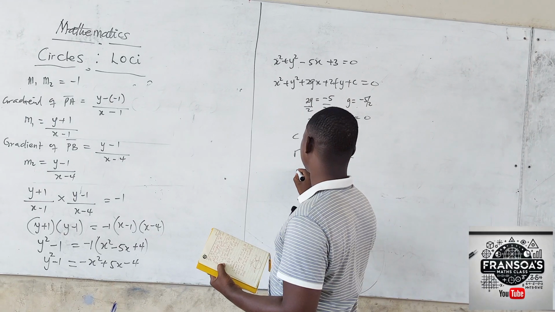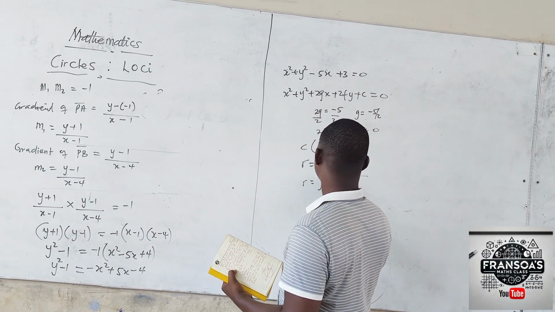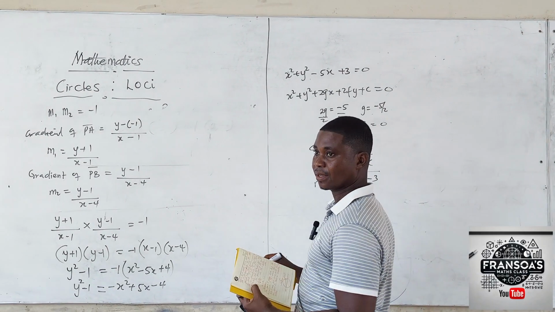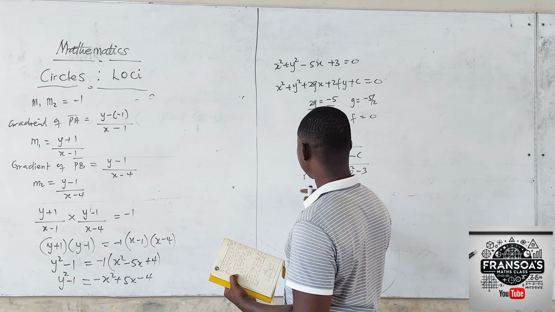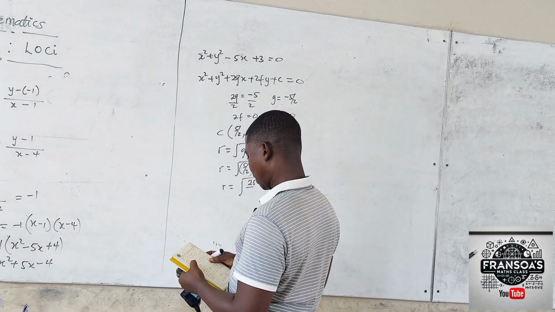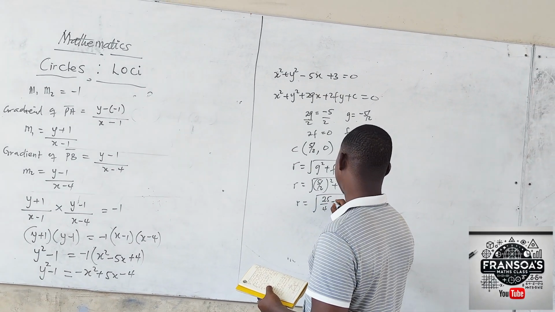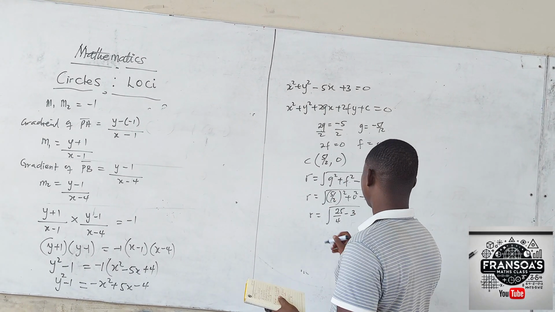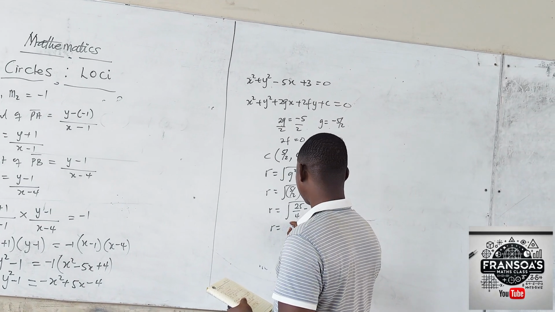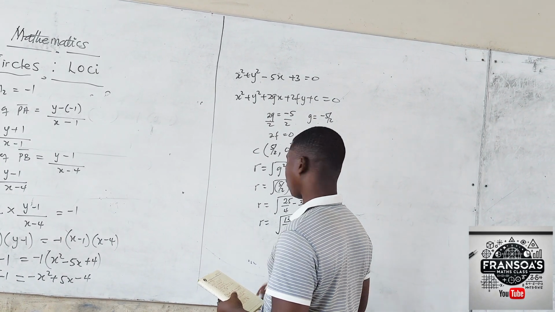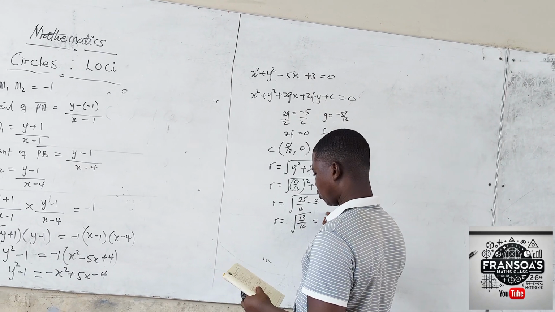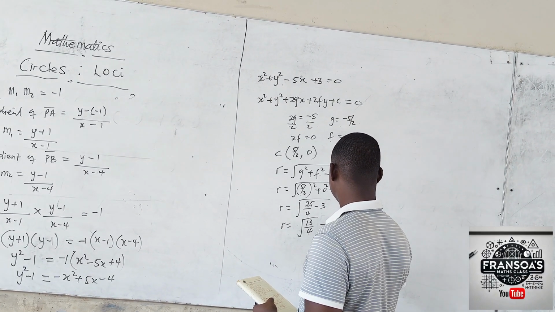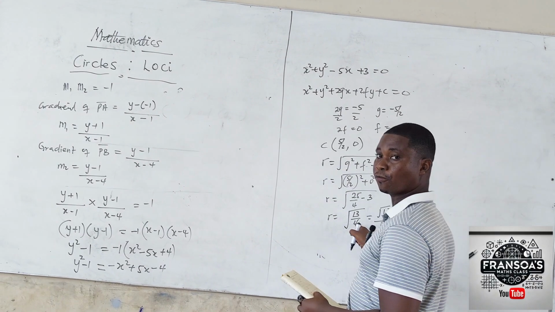So r equals the square root of (5/2) squared plus 0 squared minus 3. This gives 25 over 4 minus 3, so r is equal to the square root of 13 over 4, which is the same as square root of 13 over 2, because the square root of 4 is 2.